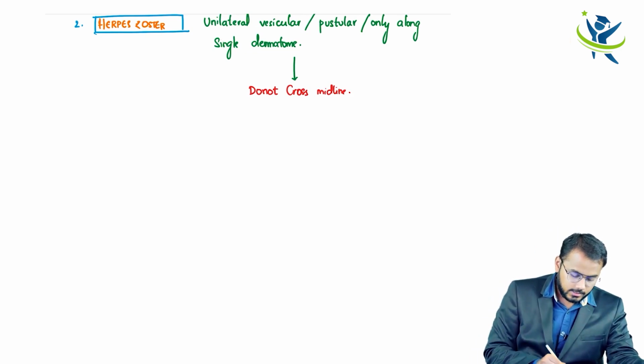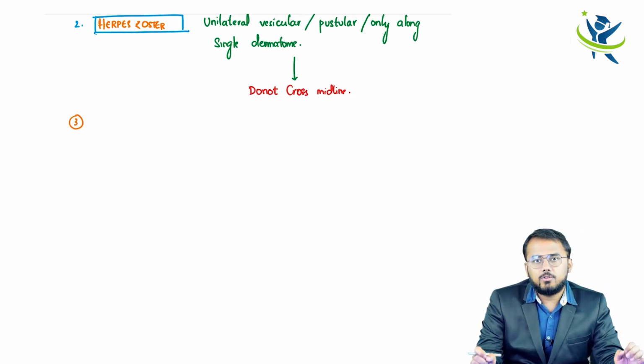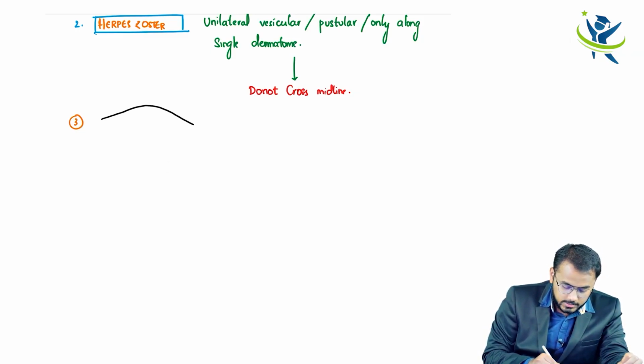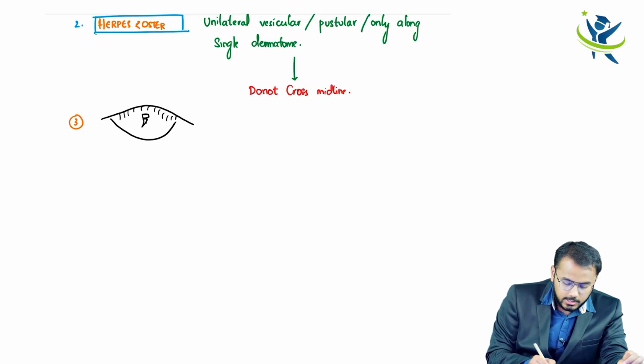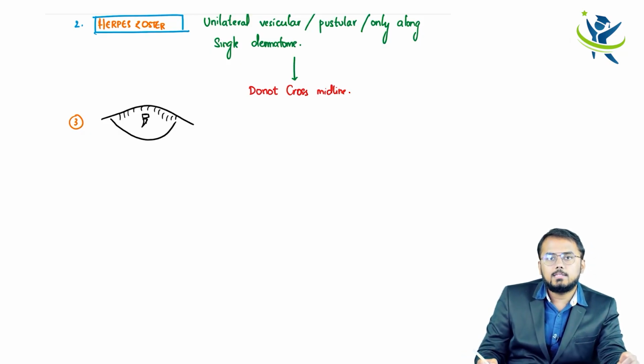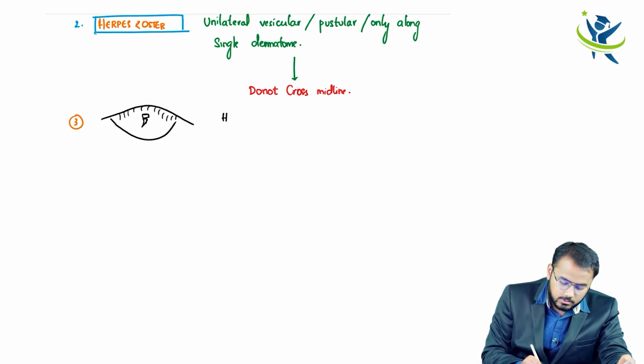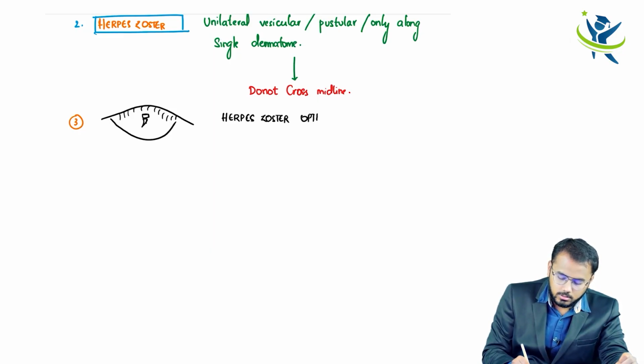Third important thing is that in many unfortunate cases, this rash can even affect your eyes, right? When it affects your eyes, you call this condition herpes zoster ophthalmicus.